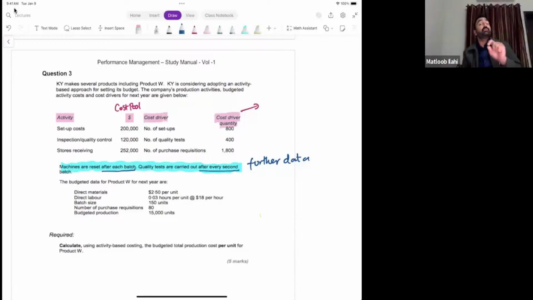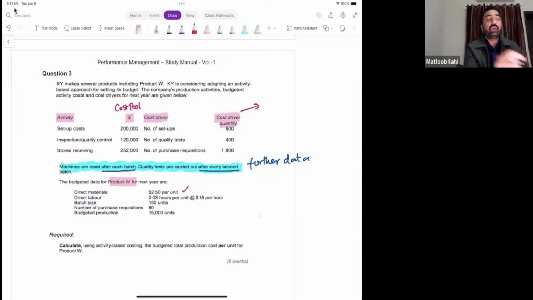So budgeted data for product W for next year are given. Direct material cost of product W is 2.5 per unit.